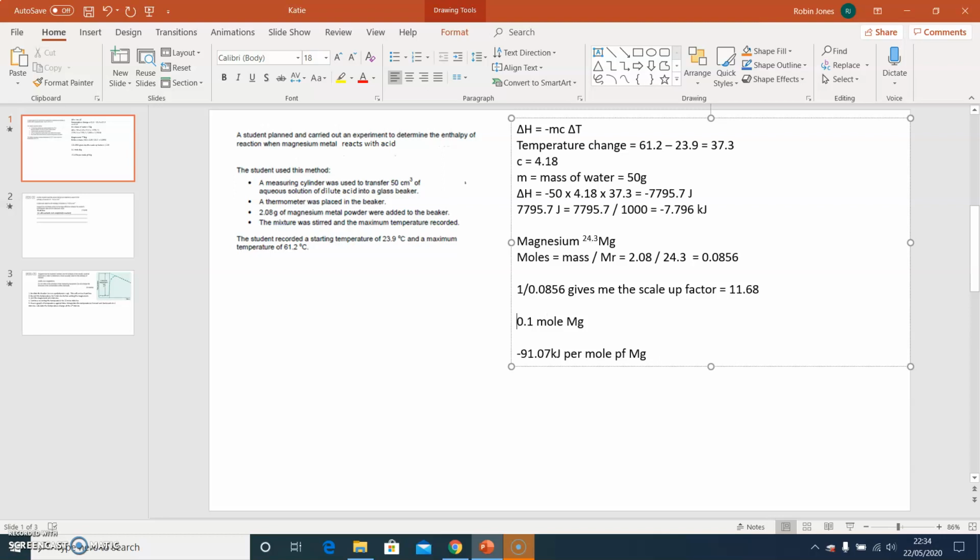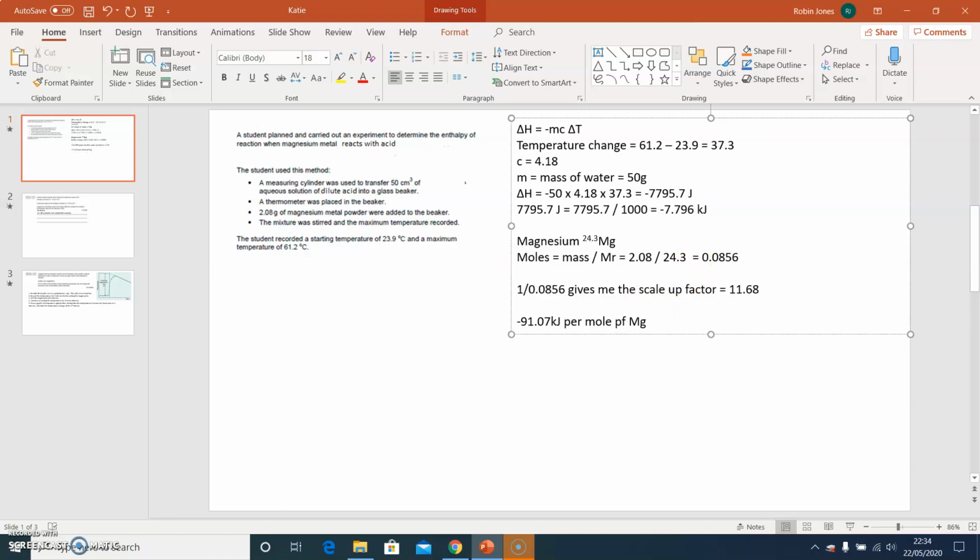So I get the 10 times bigger by doing 1 divided by 0.1, which equals 10. So if you take the fraction of the mole that you've got and do 1 divided by it, it gives you a number that you have to multiply up by to imagine how much heat would be given out if you had 1 whole mole.